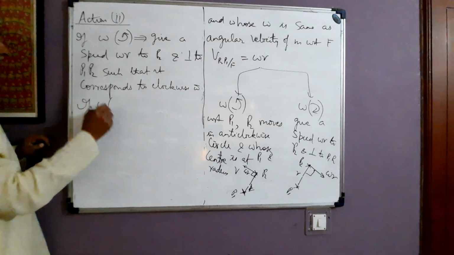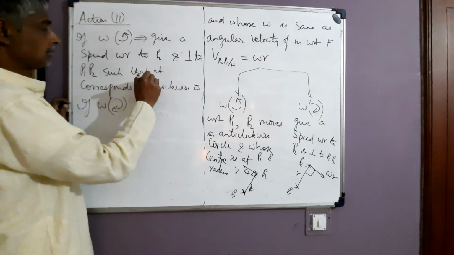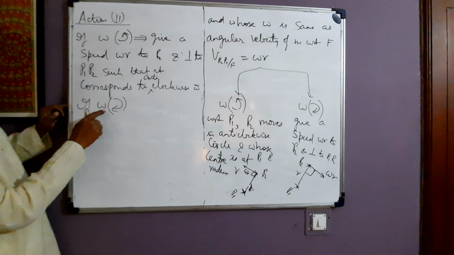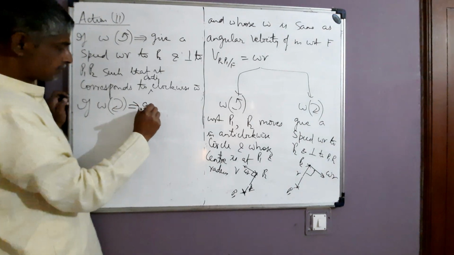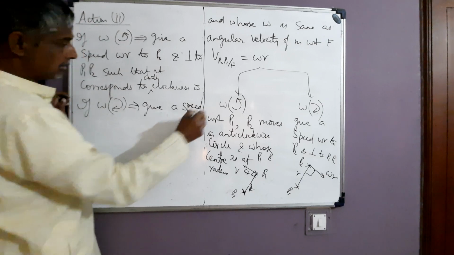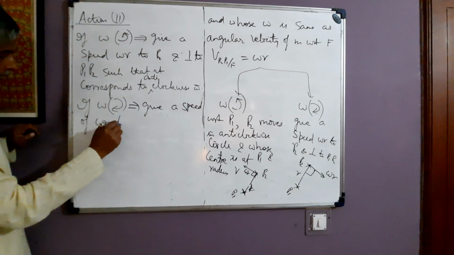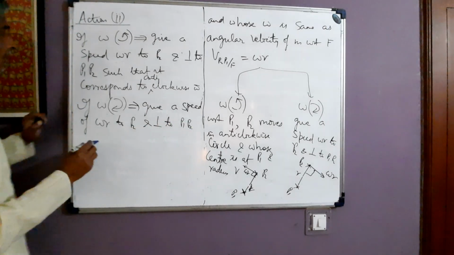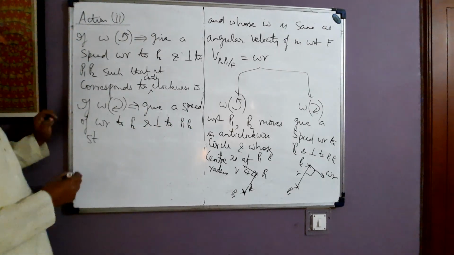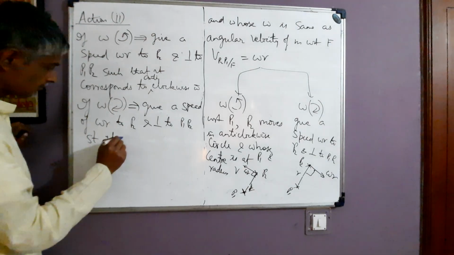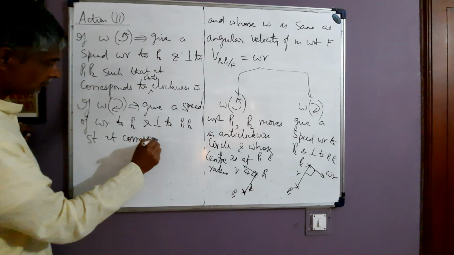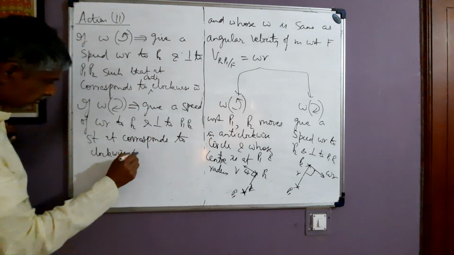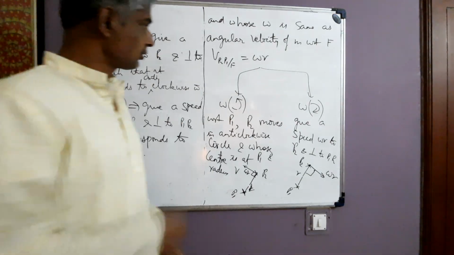If the sense of omega is clockwise, in this case we give a speed of omega r to P2 and perpendicular to P1 P2, such that it corresponds to clockwise omega. Okay, so this is the second action.